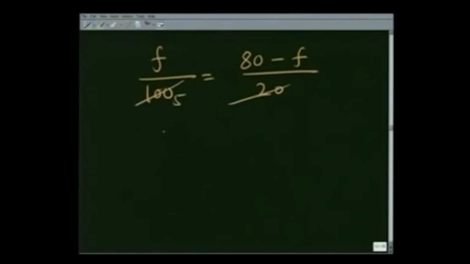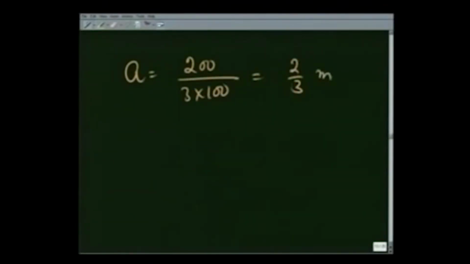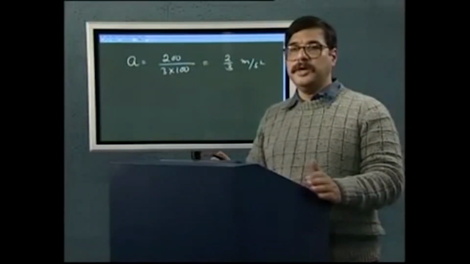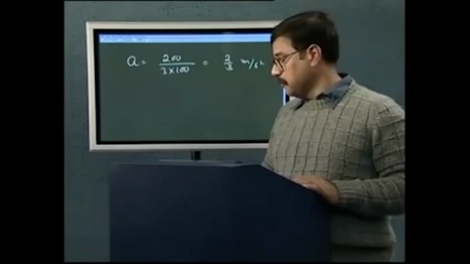That is, F over 5 plus F over 100 times 20, F over 5 plus F over 20... so F equals 400 over 6, or 200 over 3 newtons, and that gives me the acceleration A = 200 over 3 times 100 = 2/3 meters per second square. So, you see how friction changes the acceleration and how it affects the motion between two bodies that can apply frictional force on each other.